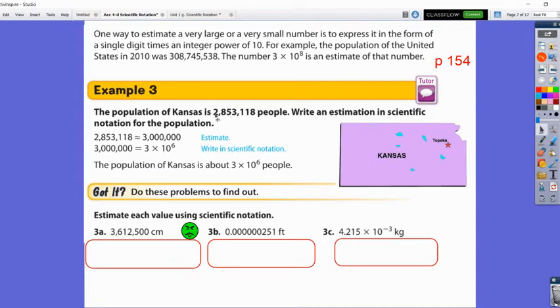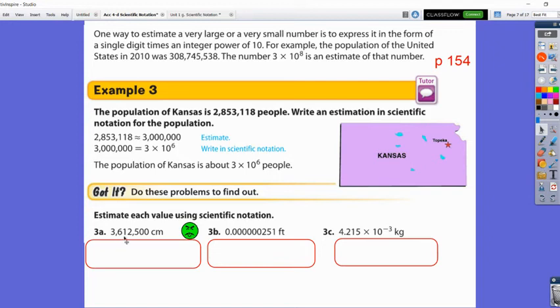So a lot of times large numbers like this will be estimated by a scientific notation. 2,800,000 is about 3 million, okay? Or we're just going to round this to one digit and call this about 3 times 10 to the sixth. 3 times 10 to the sixth people is about the population of Kansas, okay?